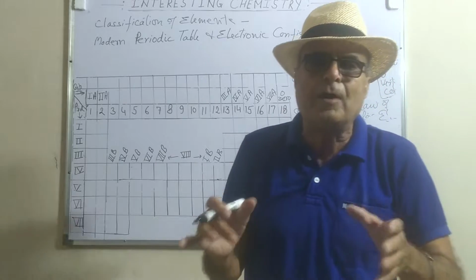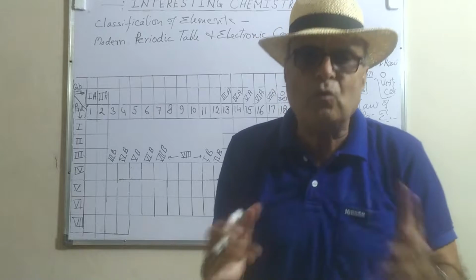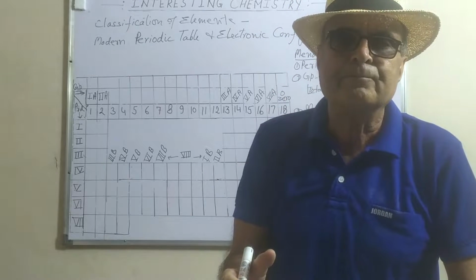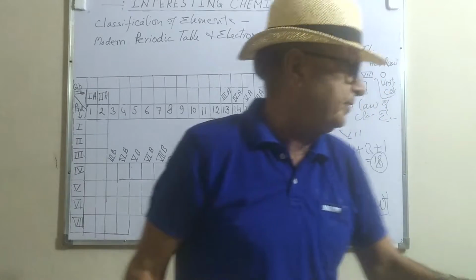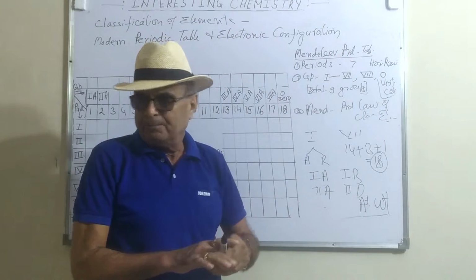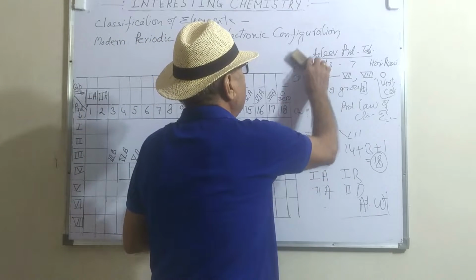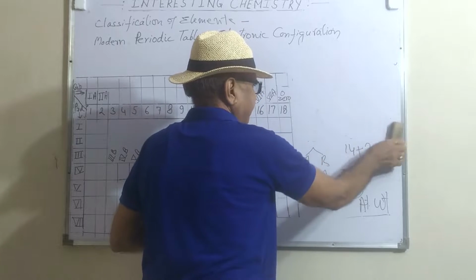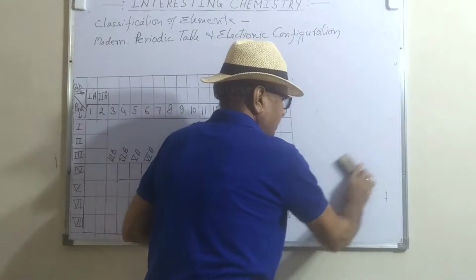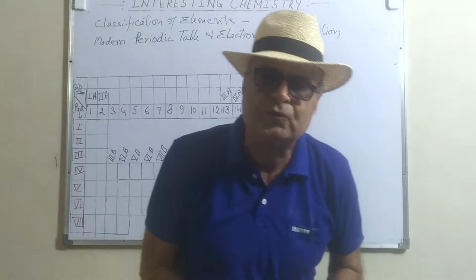Scientists didn't know about the electron, proton and neutron. So Mendeleev classified all the elements on the basis of atomic weight. But now we know about the internal structure of the atom, that is, the electron, proton and neutron.